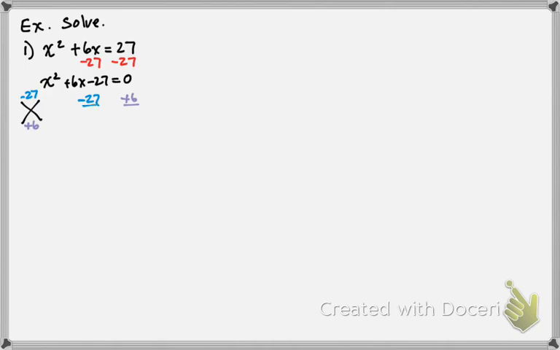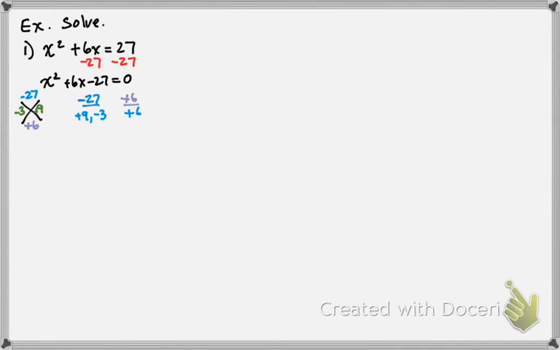So let's see, it looks like positive 9 and negative 3. The reason why I put the positive 9 first is because my answer is positive, and that sure enough gives you the positive 6. So remember how I like to do it? I like to write my negative number on the left and my positive number on the right.